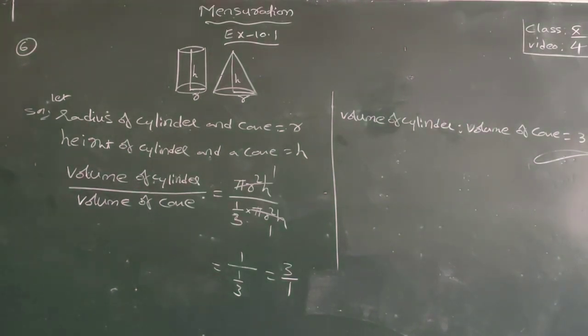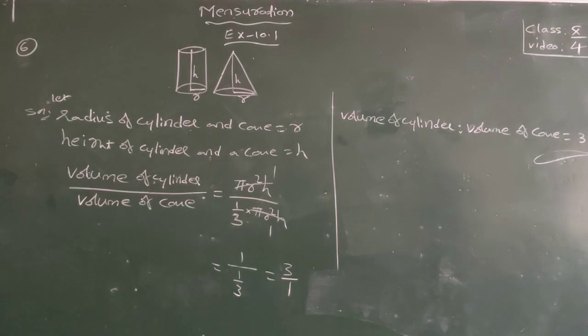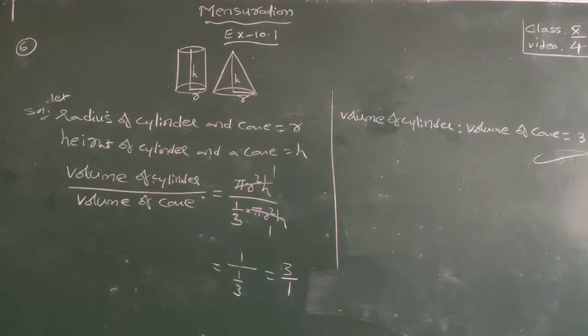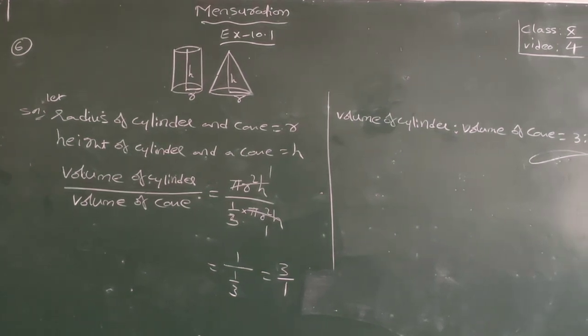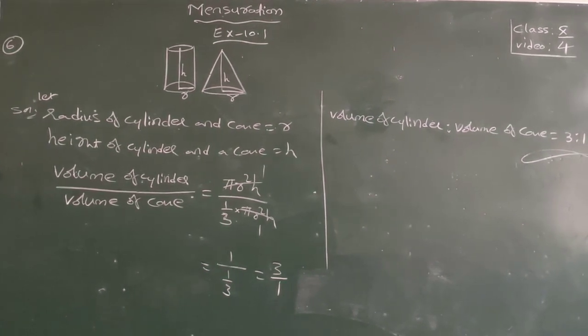Please write down: volume of the cylinder is to volume of the cone is equal to 3:1. Next question.